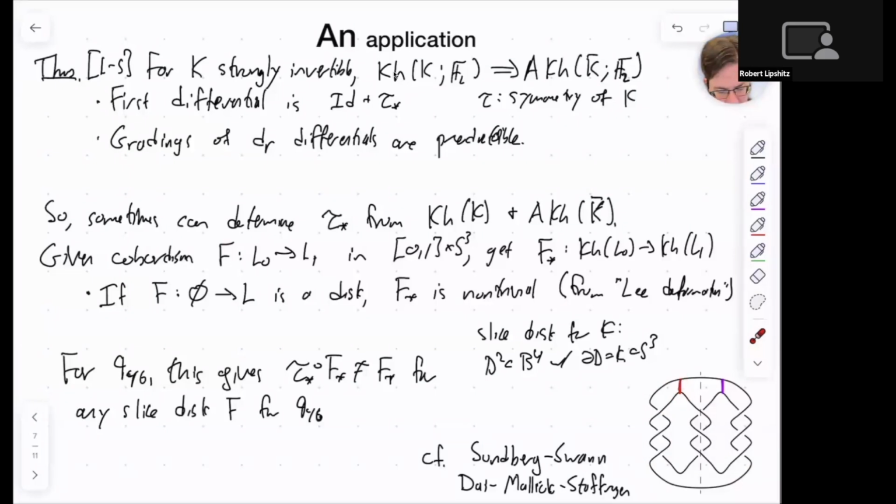There's another one. I chose that arc, but there's an obvious symmetry. I mean, it's strongly invertible, so I could have chosen that one instead. It gives me a different slice disk. Both of these slice disks induce maps on Khovanov homology. In fact, any slice disk does, but none of those maps is preserved by this involution on the Khovanov complex induced by tau.